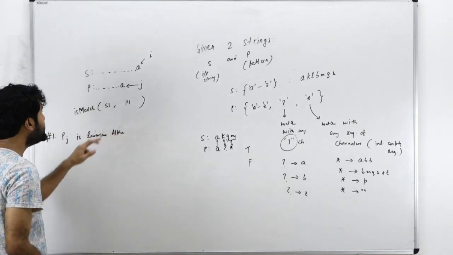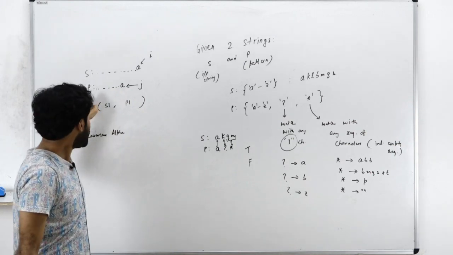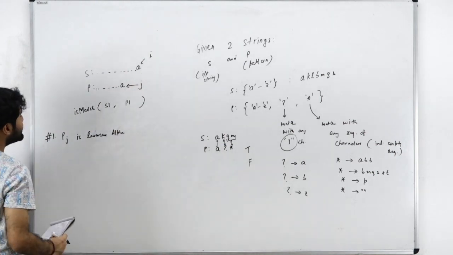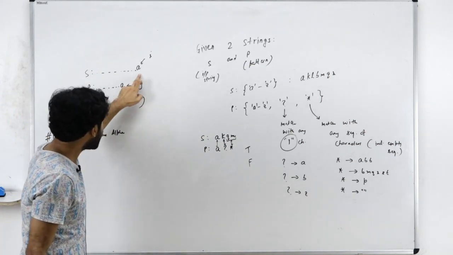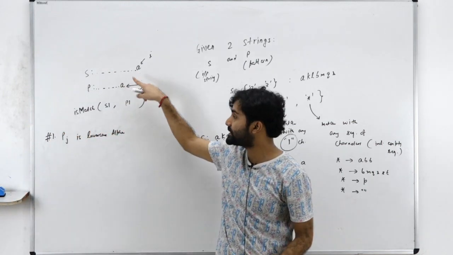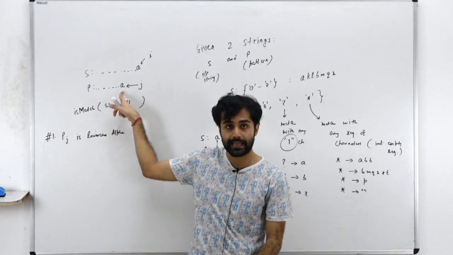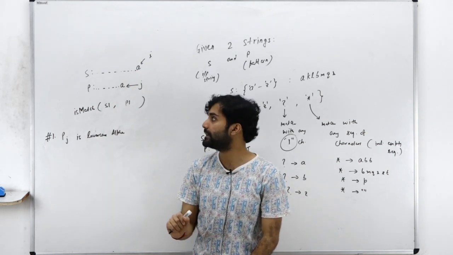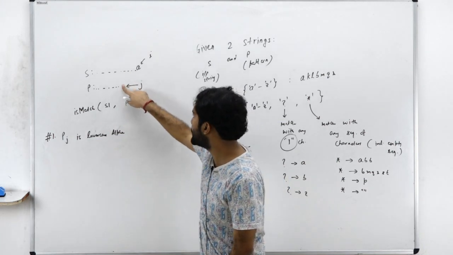Now if this PJ is a lowercase alphabet, where PJ is the last character of pattern P and SI is the last character of string S, then in that case I can say that, hey, S and P will match if and only if this character is the same as this character. This is essential because if the last characters of both the strings are different from each other in this category where PJ is an alphabet and they don't match, then it's guaranteed, no matter what you do, S and P will be different from each other. Let's imagine a case, let's say you had a B over here.